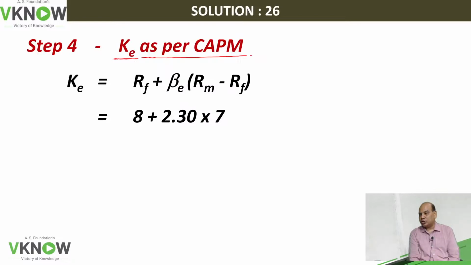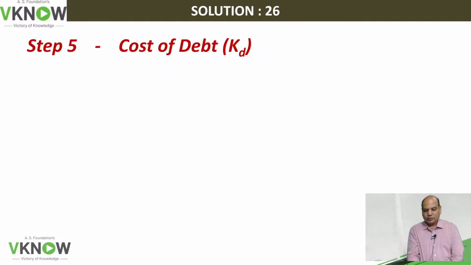You have got 2.294, make it 2.30, it's okay. 2.294 is also okay. Now answer please, what is the cost of equity? It is 24.1% approximately. Yes, very good.